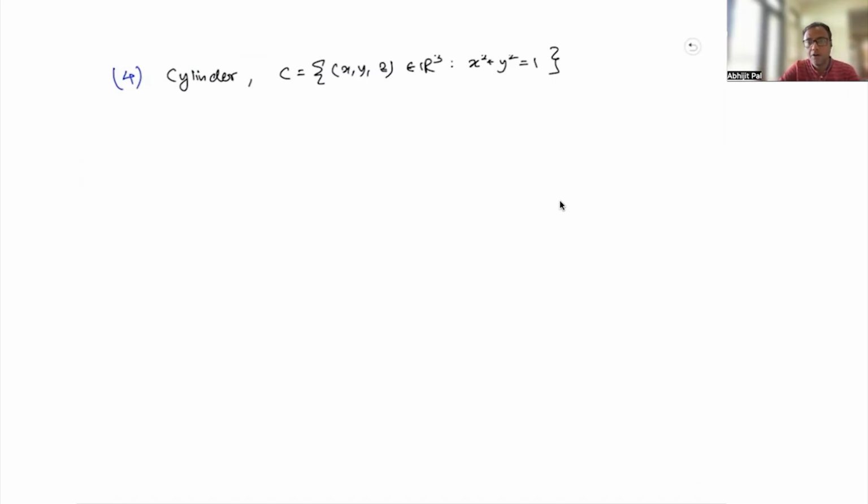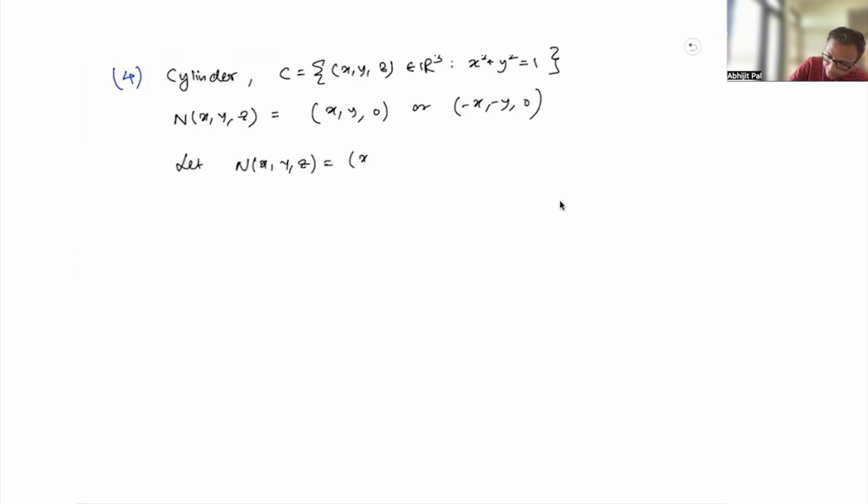Again, on the cylinder, I can have two choices: n(x, y, z) equal to (x, y, 0) or (-x, -y, 0). The first one is the outward normal unit vector, and the last one is the inward normal unit vector.